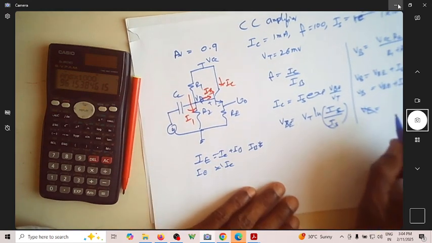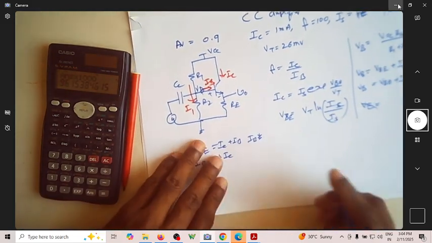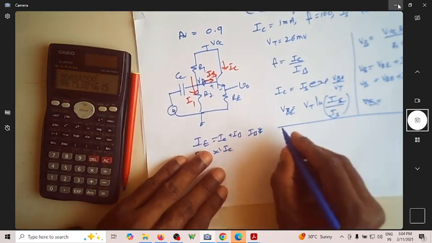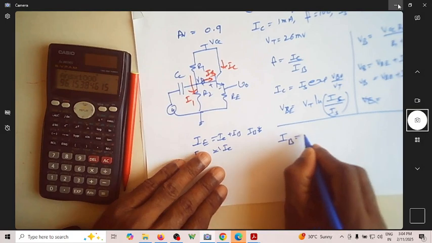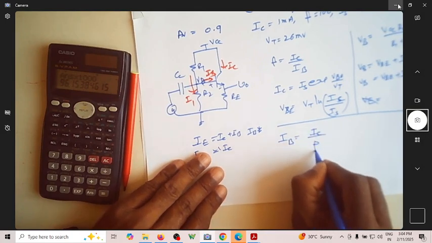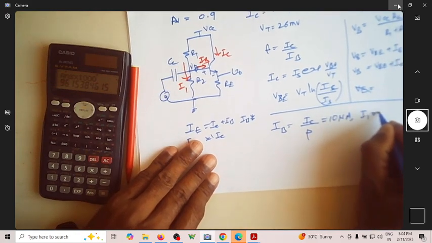And we also have the expression, okay, this is already written. With the specifications I have written, what is IB? It is IC by beta, which is 10 microampere.